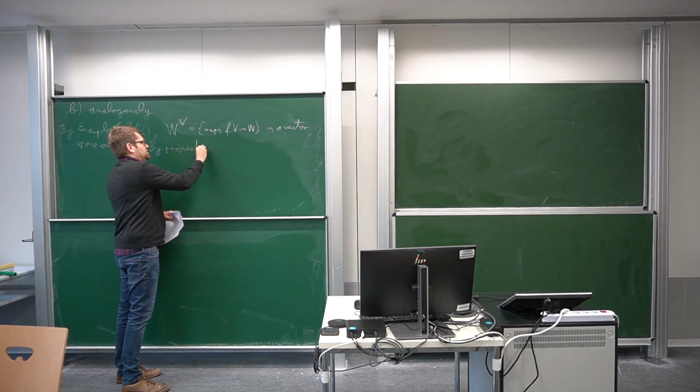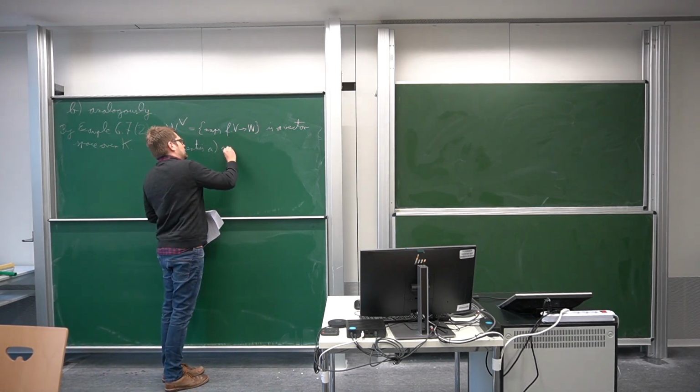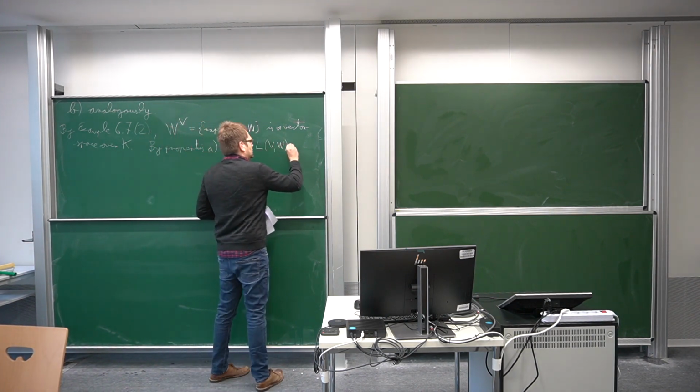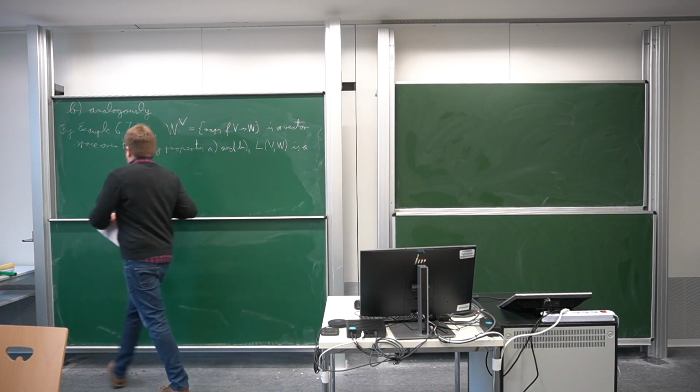So by properties A and B, which we have proven at this point, L of V, W is a linear subspace.